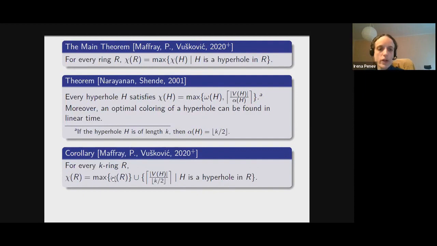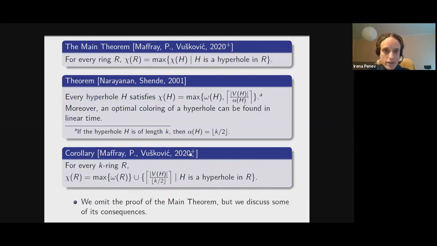The chromatic number of the ring is the maximum of its clique number, and then this: you look at all the possible hyperholes in the ring, and then the number of vertices divided by this number. That's just the formula for the chromatic number of a ring, and we use this to color rings.